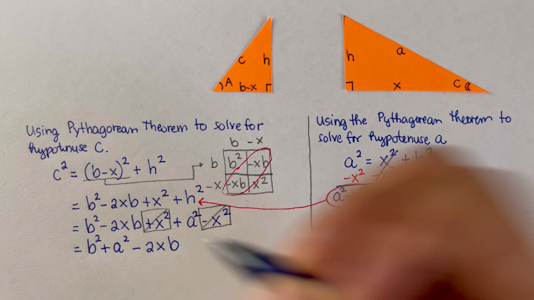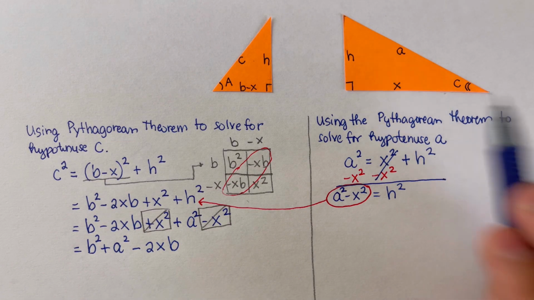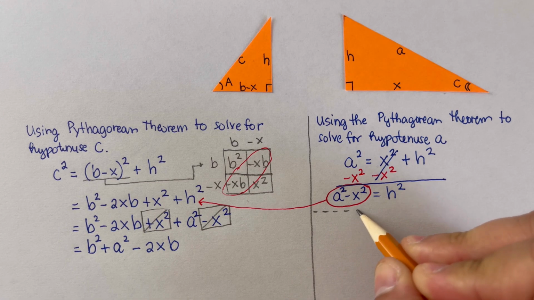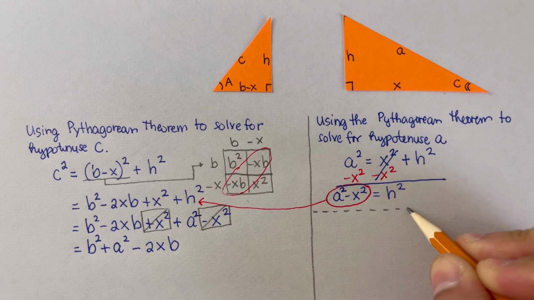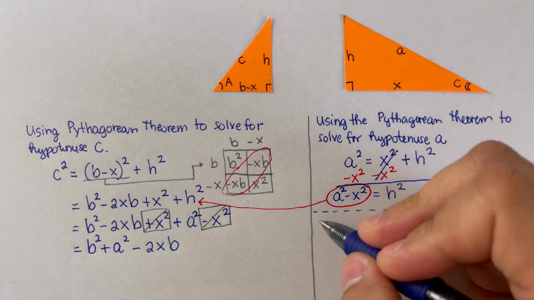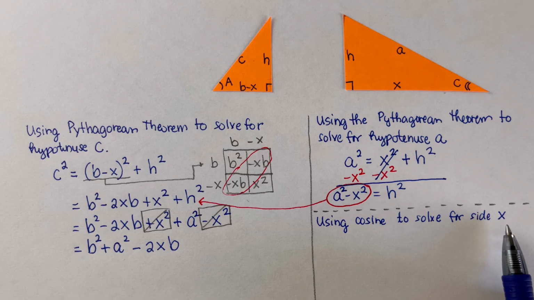Now, what we are going to do next is to determine what this x is. In order to do that, we are going to use the cosine on this side of the triangle. We are going to determine the value of x using cosine of angle C. So again, we are supposed to solve for this x, so we use cosine.